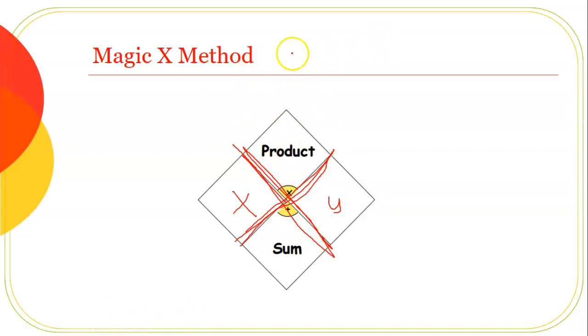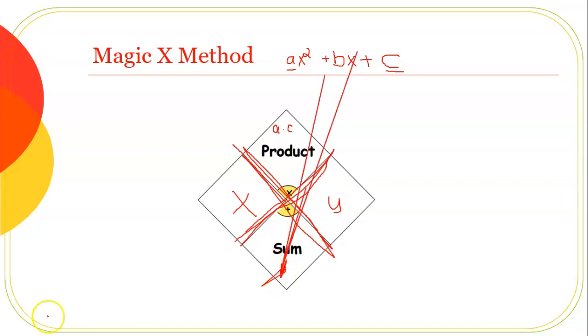Yesterday we talked about quadratics in standard form. Standard form was ax squared plus bx plus c. In terms of the Magic X, the product is always going to be A times C from our quadratic problem, and the sum is going to be the B value.